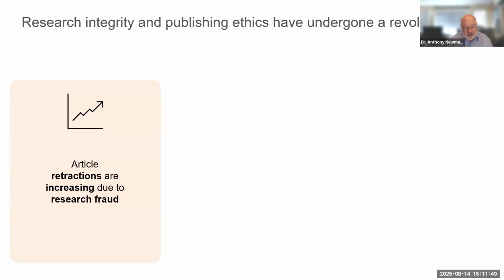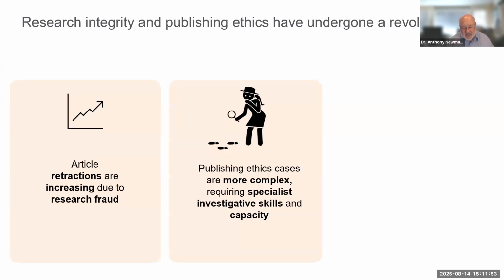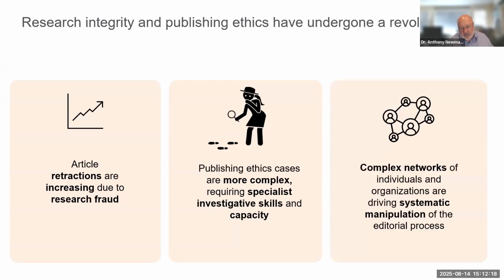So if article retractions are going up, as I talked a bit about in my previous talk, and some of the ethics cases are so complex that we've actually had to hire specialist AI experts, forensic people, figure analysis, and everything, not just at each publishing house, but overall, to help understand what these fraud cases are, so we can make sure we deal with them.